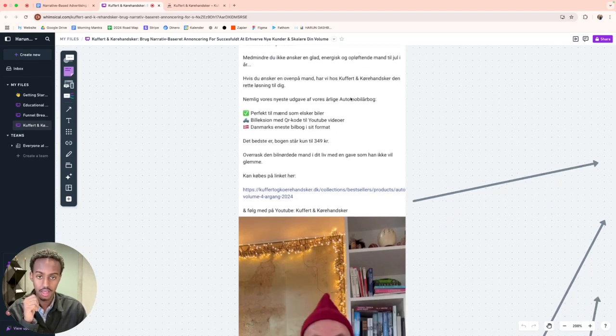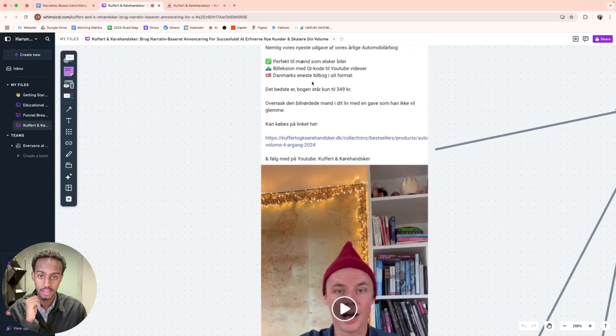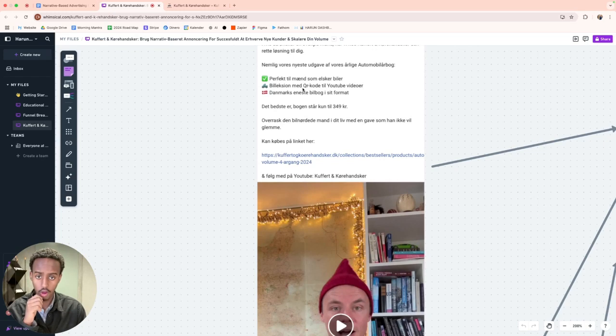Our truly unique yearly book would be the perfect solution for you. It's perfect for men who love cars. It has a lexicon with QR codes behind the book with YouTube videos that your man that loves cars can watch, and it's the only book in Denmark of this format.